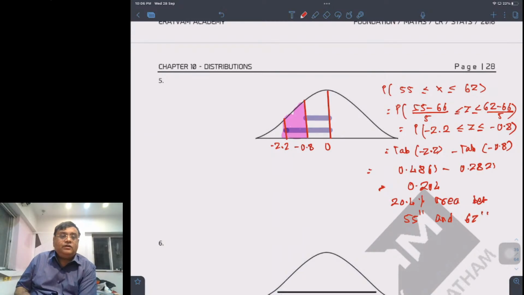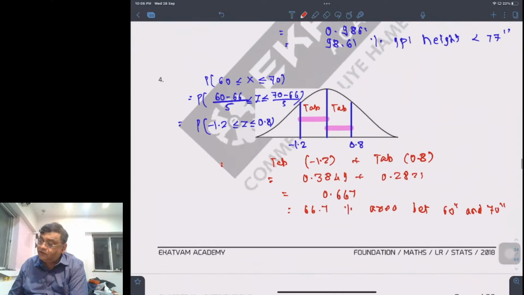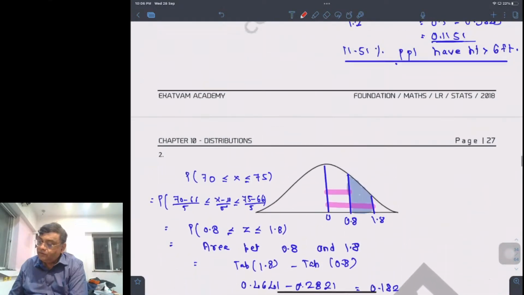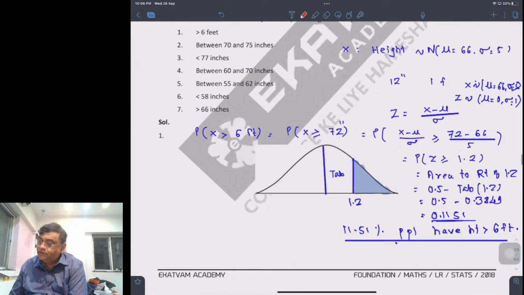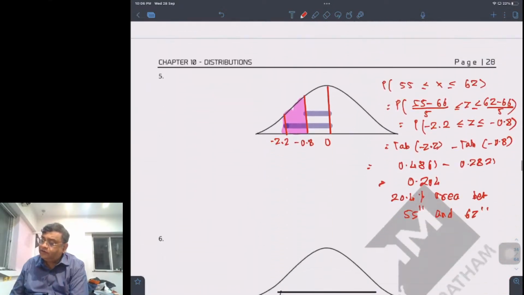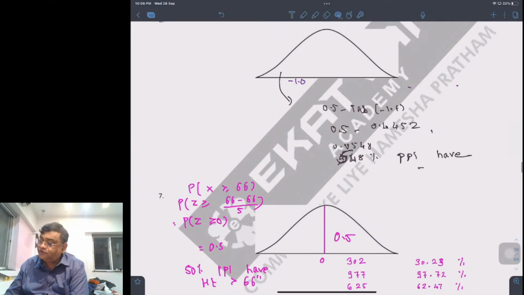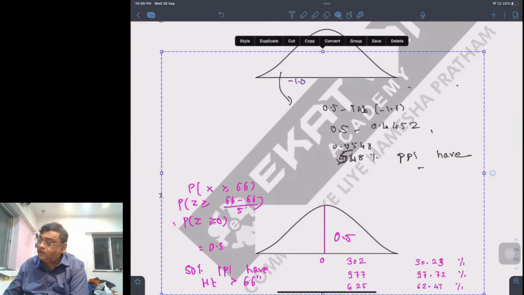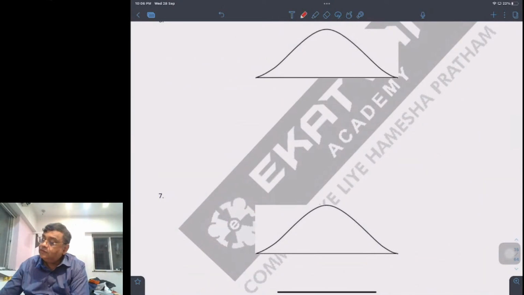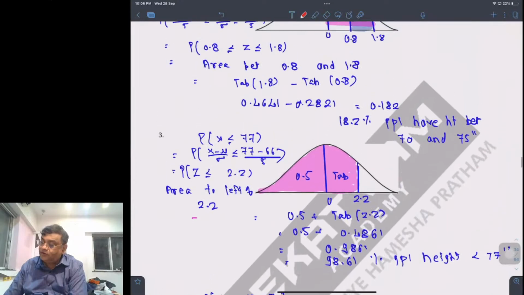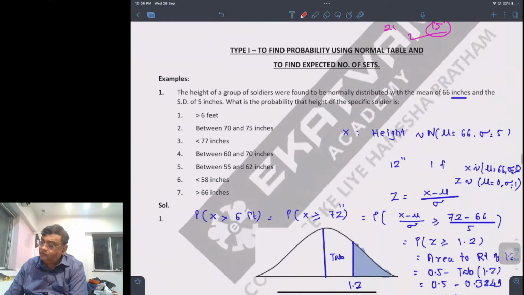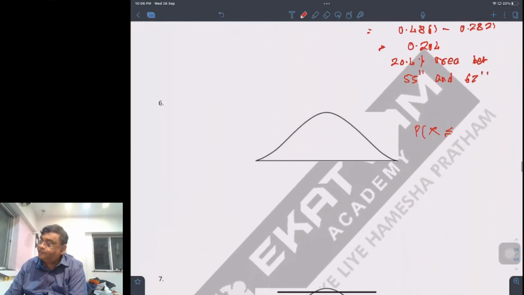If this is clear, then the sixth part is what? Is less than 58 inches. Now if it is less than, it means probability of x is less than, and less than means less than or equal to. Tell me, less than or equal to what? 58 inches.